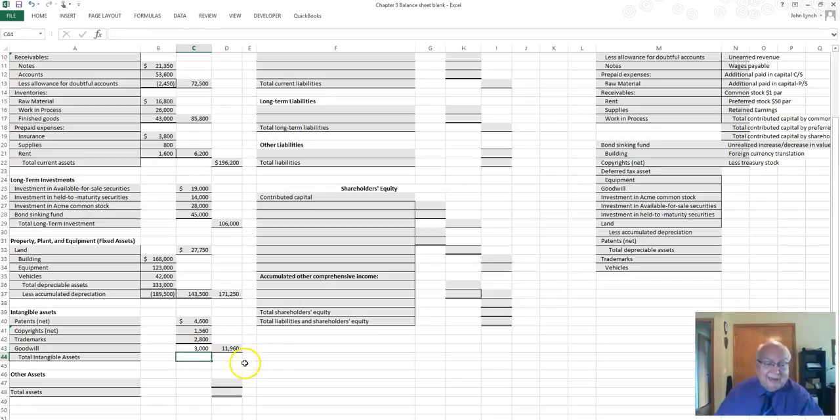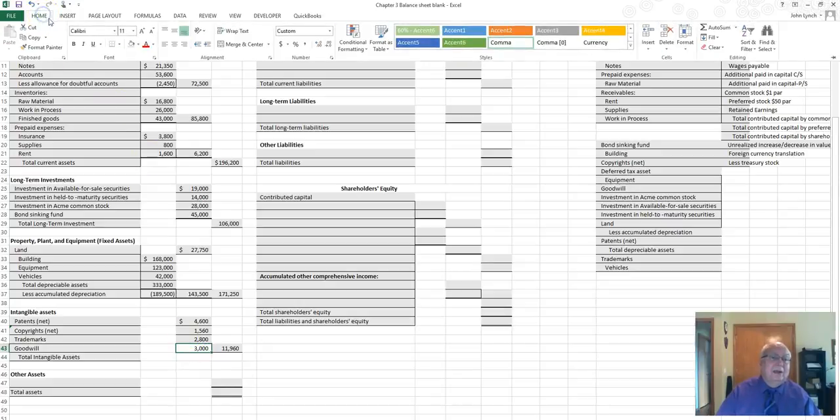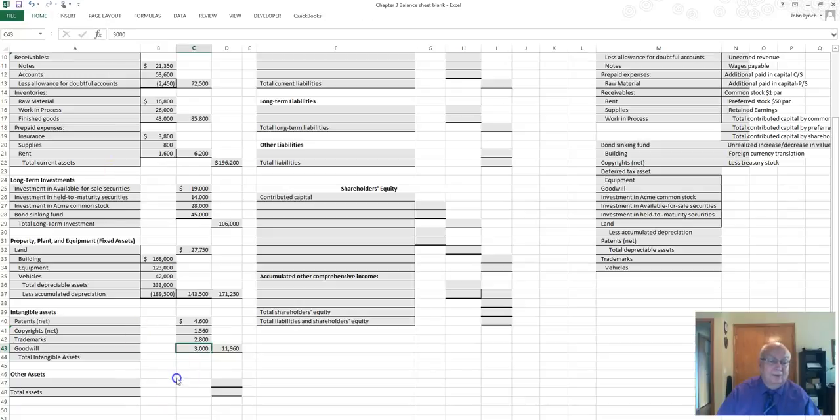And that gives me my 11,900. Okay, that'll work. Which means I forgot to... there. That works. Okay. So that adds up to 11,600 for total intangible assets. And that goes down one.